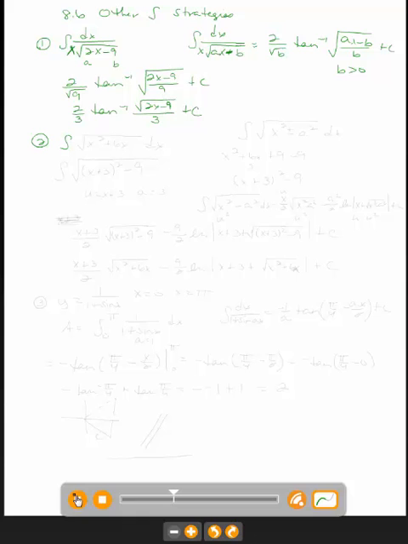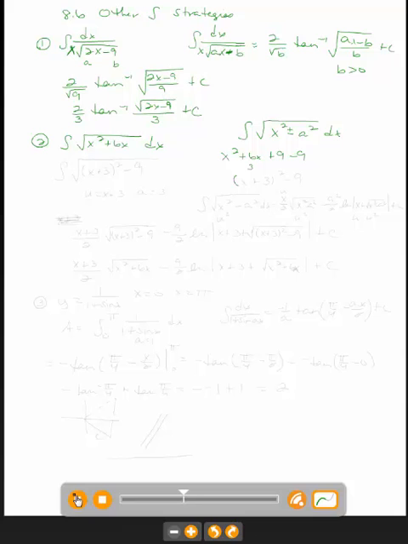Example 2. Evaluate the integral of the square root of x squared plus 6x dx. Okay, looking in the table of integrals, you're not going to find this one necessarily, but you will find something close to it. It's the square root of x squared plus or minus a squared dx. And ours is not quite in that form, but we could get it that way. We could take the x squared plus 6x and complete the square on it: half of 6 is 3, squared is 9, add 9 minus 9.